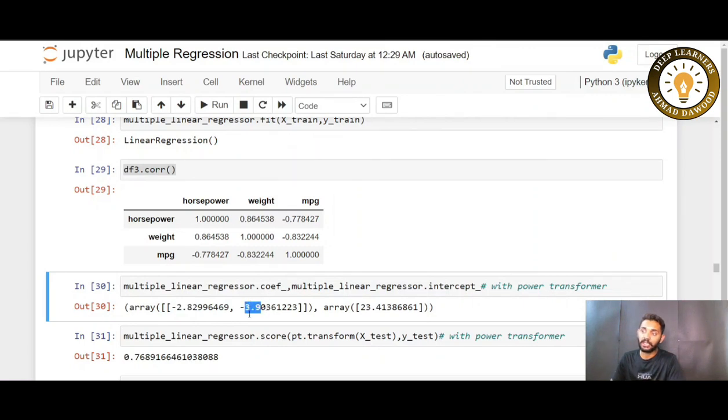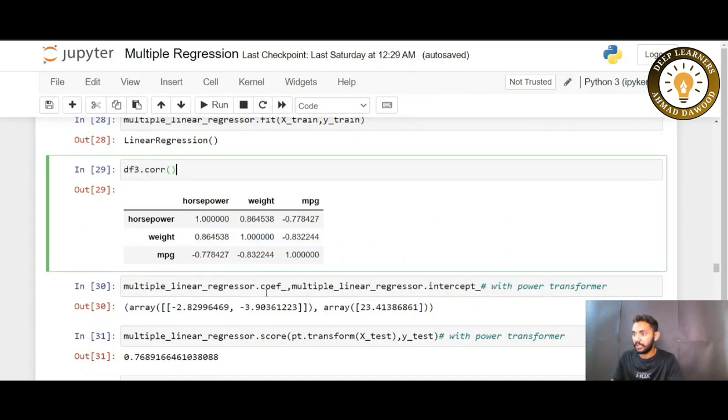The linear relation of weight with miles per gallon is greater than that of horsepower. The variable with high correlation with the target variable will have a high linear relation with the target variable.